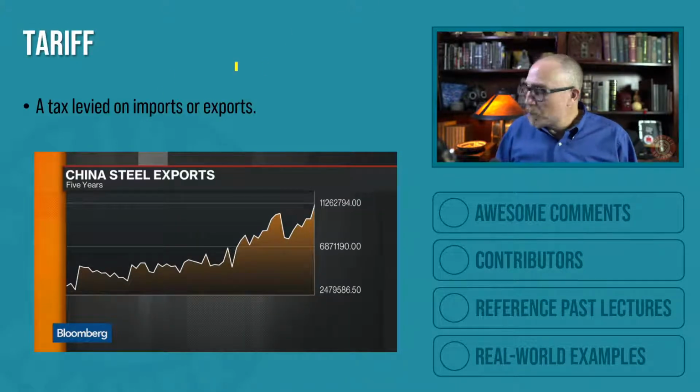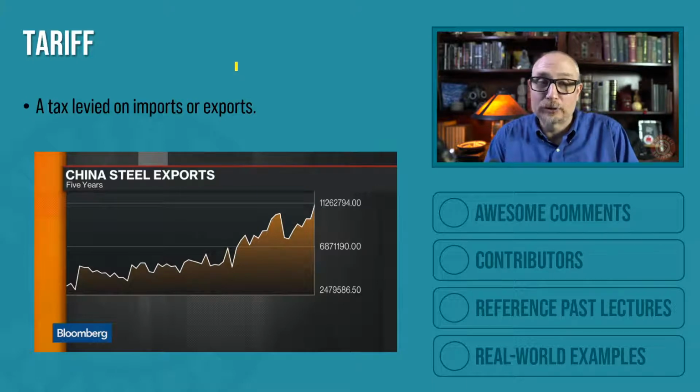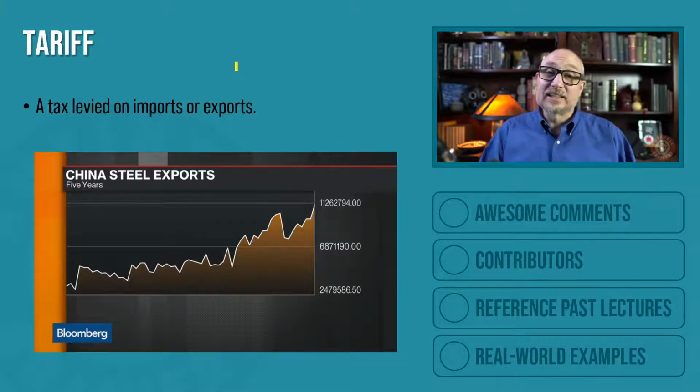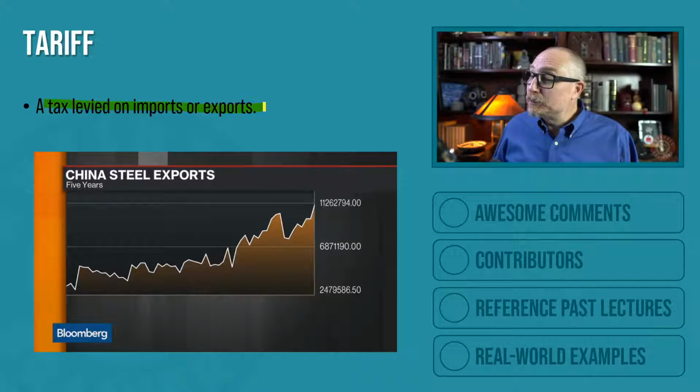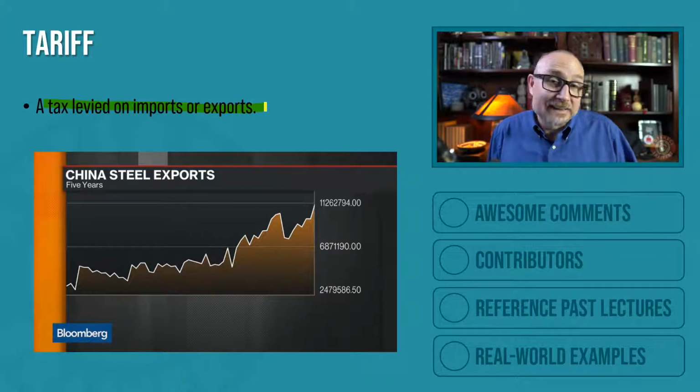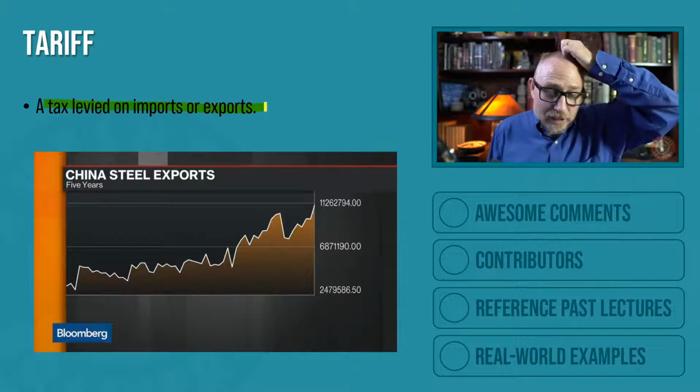First of all, a very common trade barrier, which is what that particular podcast about the Santa suits is all about, is the tariff. Okay? A tariff is basically a tax levied on imports or exports. It's a tax. It's really, really simple.